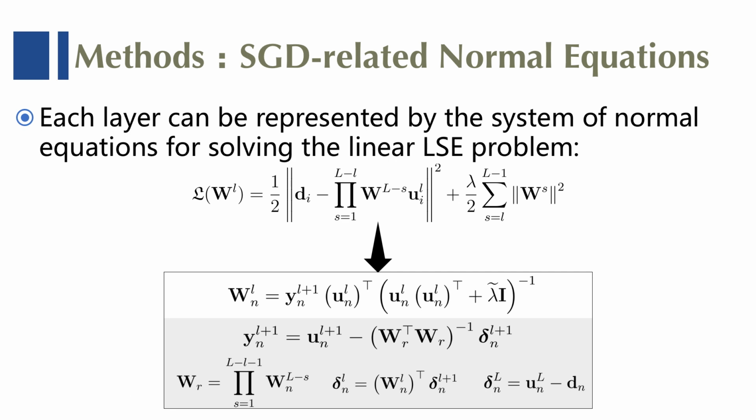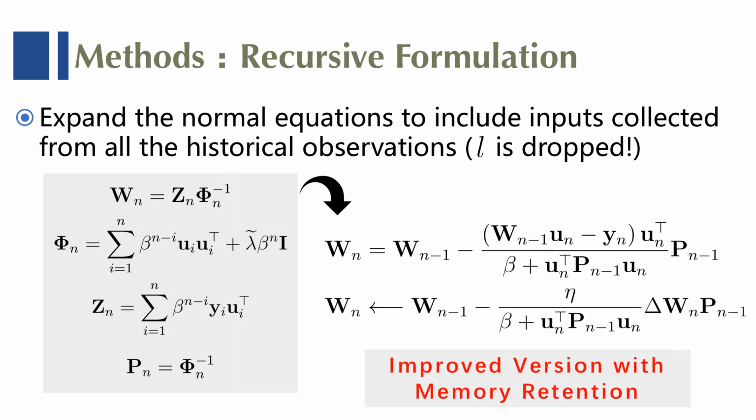With this representation, we can further expand the previous normal equations to include inputs collected from all the historical observations so that it is equivalent to optimizing the cost function computed over all the training samples ever seen. In our improved mini-batch SGD with memory retention, the matrix P serves as a projector to modify the updating direction so that the old knowledge about the target will not be forgotten.